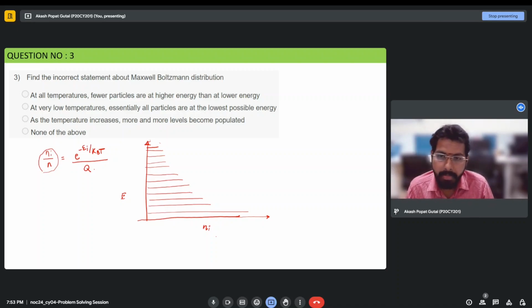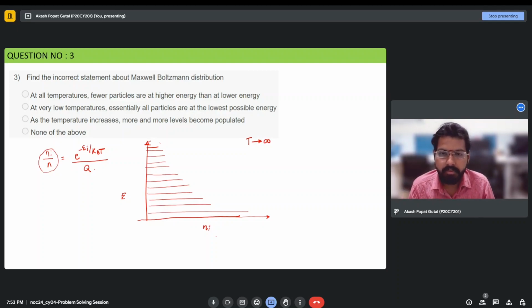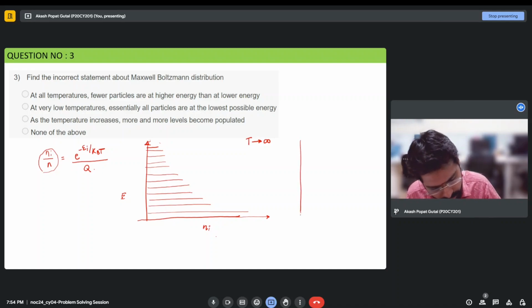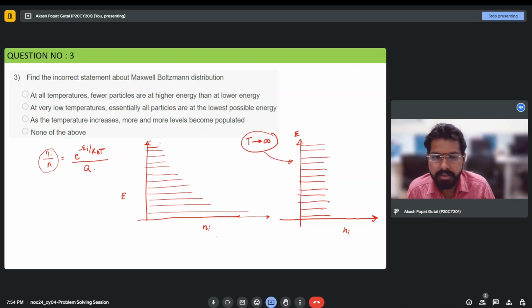If temperature tends to infinity, then the final point of this distribution will be that all energies are equally occupied. So this will be the case when T is at infinity.